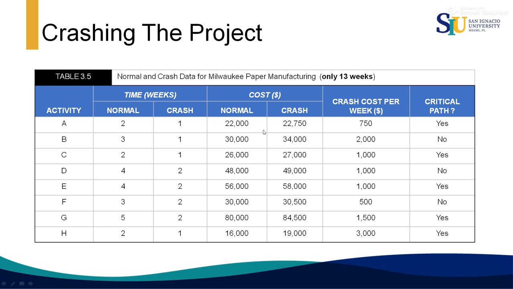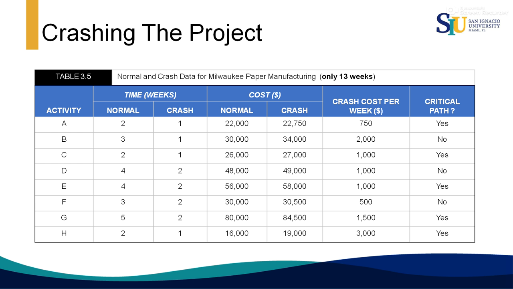We calculate the crash cost per week. Remember, we subtract the normal cost from the crash cost: 22,750 minus 22,000 is 750, divided by the normal time minus the crash time. This means that normally we can complete this activity in 2 weeks, but it is feasible to complete this activity in 1 week.